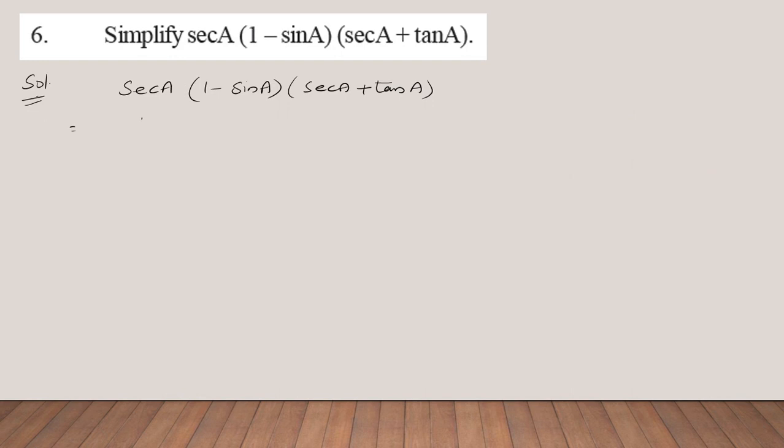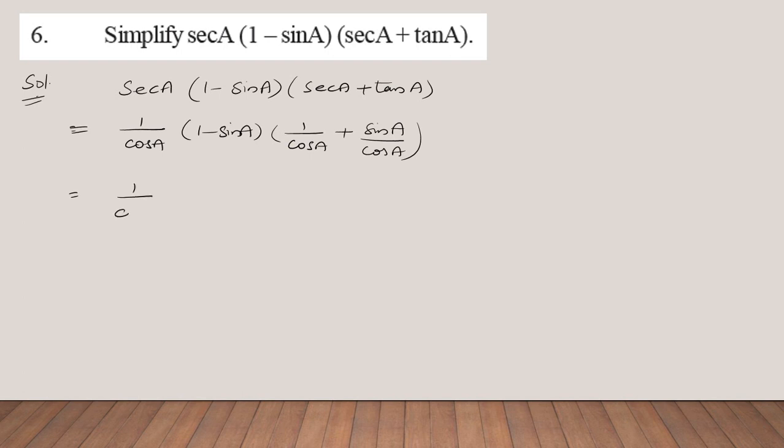Secant A I can write as 1 by cos A, into 1 minus sin A, which I am keeping as it is, into secant A plus tan A, which I can write as 1 by cos A plus sin A by cos A. So I am changing everything in terms of sines and cosines. Most of the problems can be solved by making such changes.